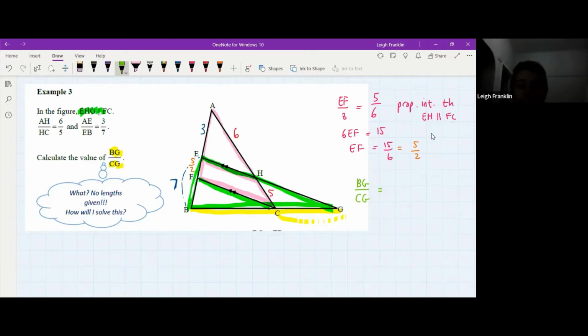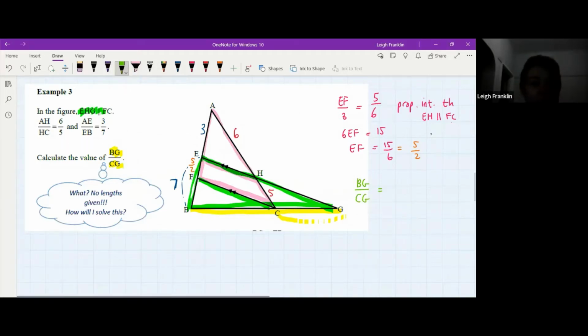So BG over CG is going to be equal to? EG over EH. Yes. EG over EH. BE over FE. Okay, now remember here, Matrix, you're almost there, okay? You guys are doing this really, really well, okay?